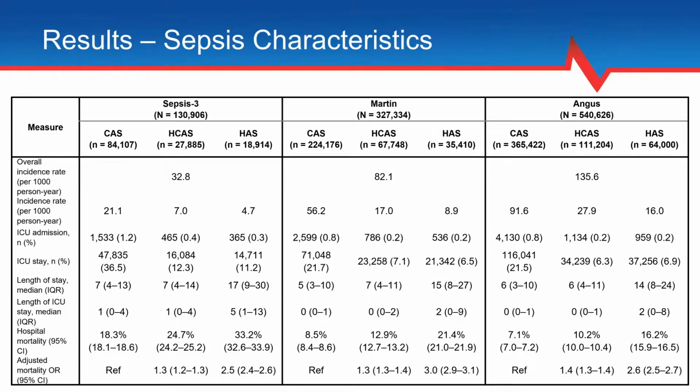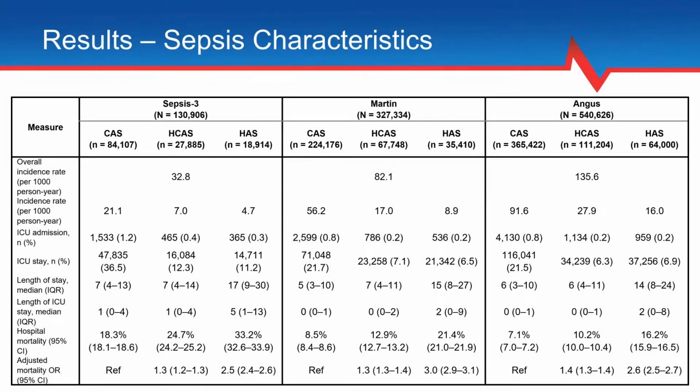However, there's also one interesting point to look at here. Community-acquired sepsis and hospital-acquired sepsis both have opposite characteristics to each other. Community-acquired sepsis has the highest incident rate, while hospital-acquired sepsis has the lowest incident rate.